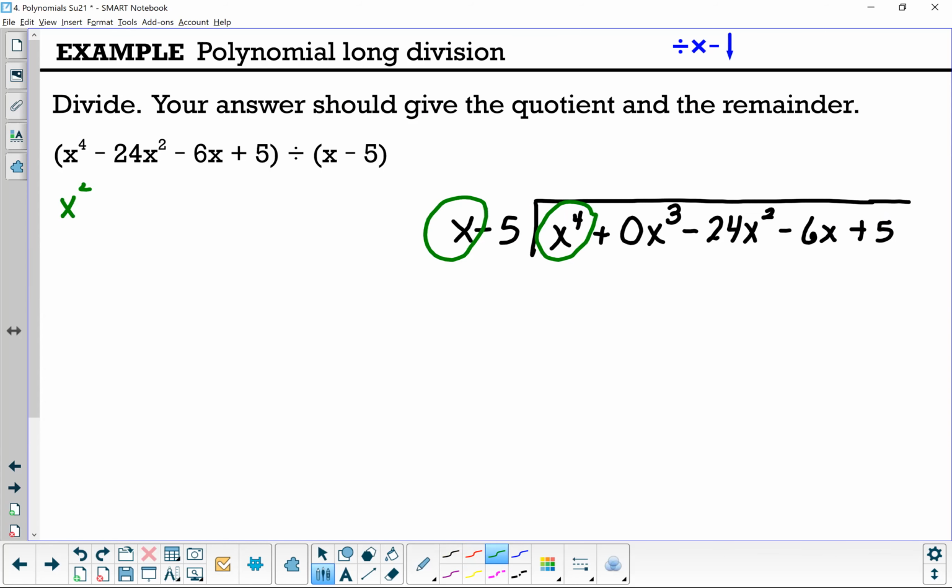X to the fourth divided by the 1x gives us x cubed. Multiply x cubed by the divisor, x minus 5. And that gives us x to the fourth minus 5x cubed.